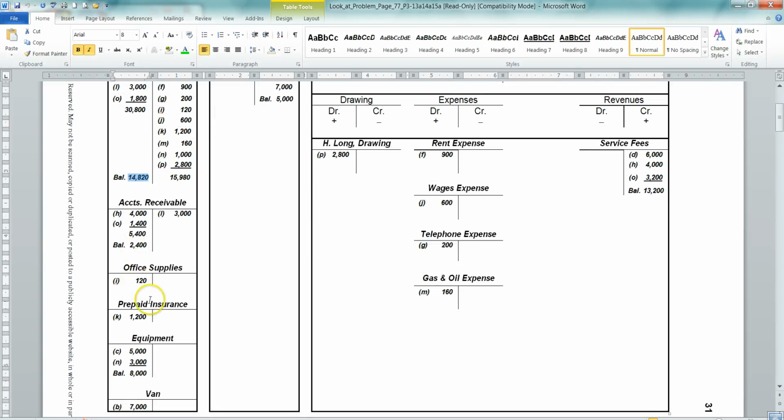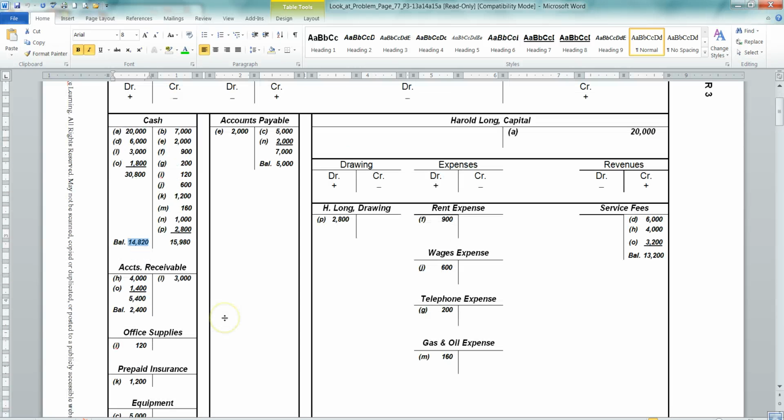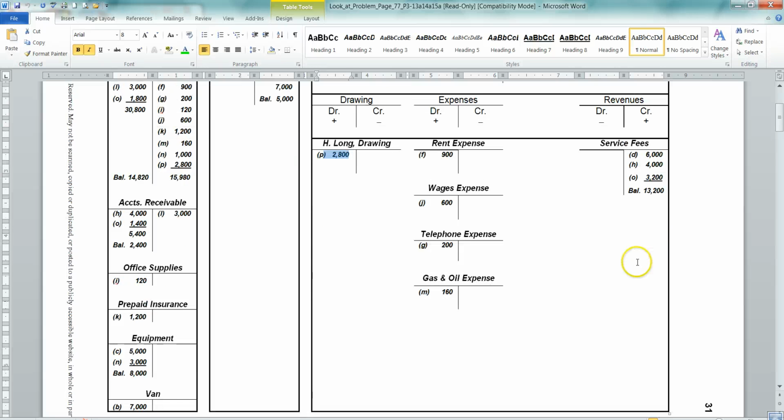The same is true of all our assets. Our liabilities usually have a credit balance. We have a debit balance for our drawing. We have debit balances for our expenses, and we have a credit balance for our fees.